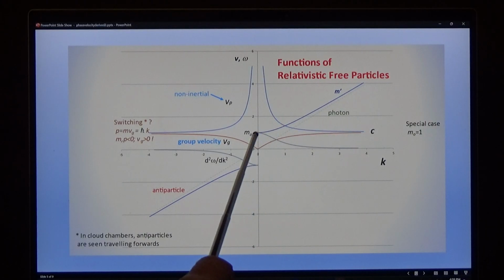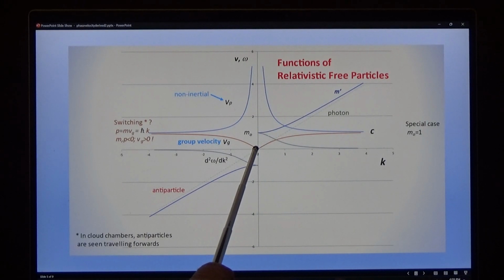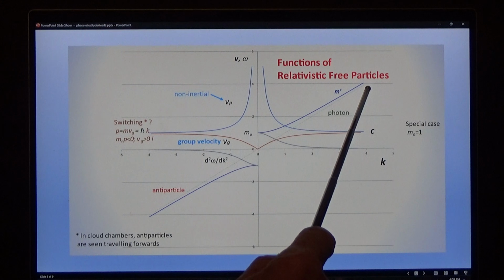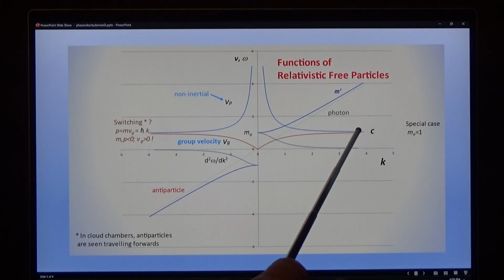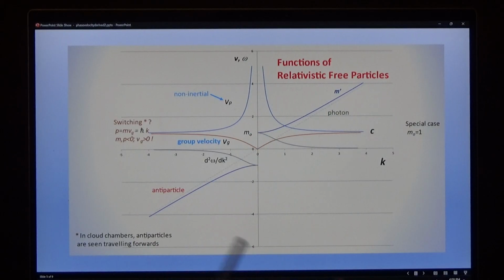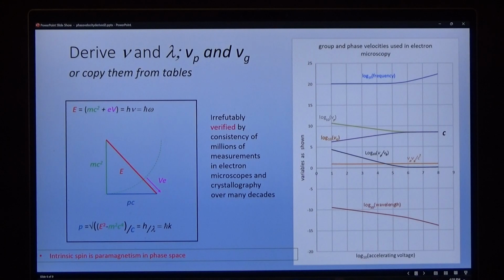The photon has energy to momentum ratio 1:1. Energy is equal to momentum because it's massless. The phase velocity is the inverse of the group velocity. Other features of this formula I've described elsewhere.